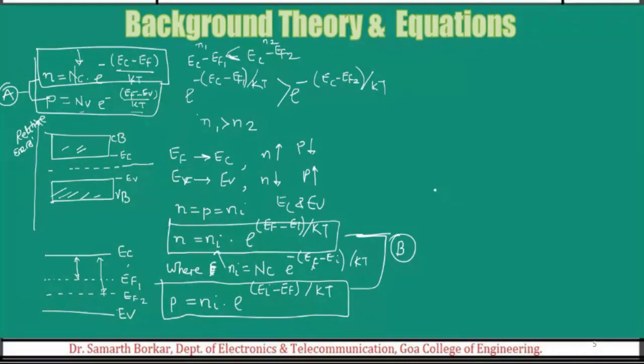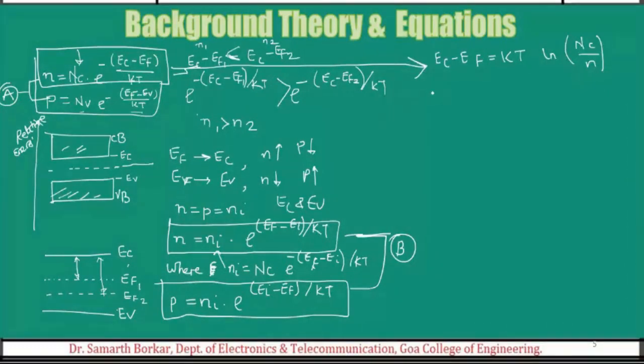Now, these equations A and B can also be represented in this fashion. So this is A. I can write this expression as EC minus EF equals KT natural log Nc by n.